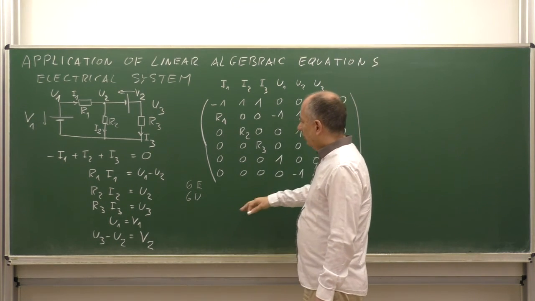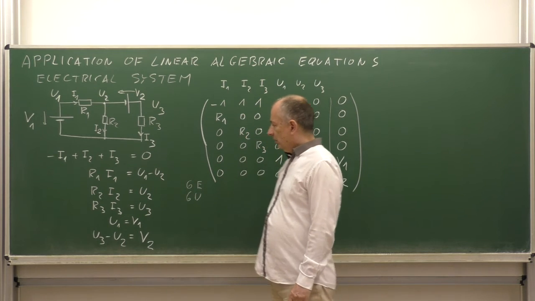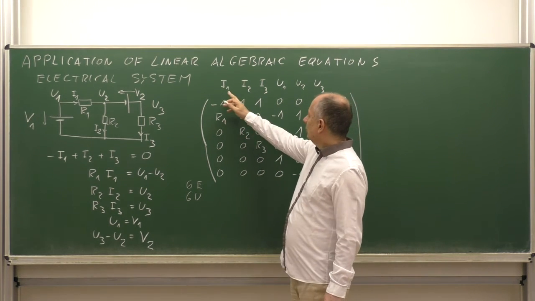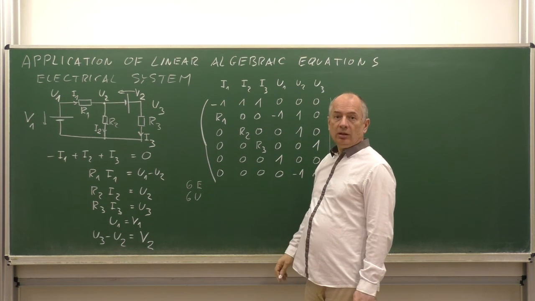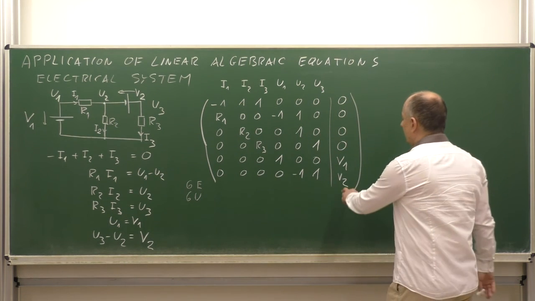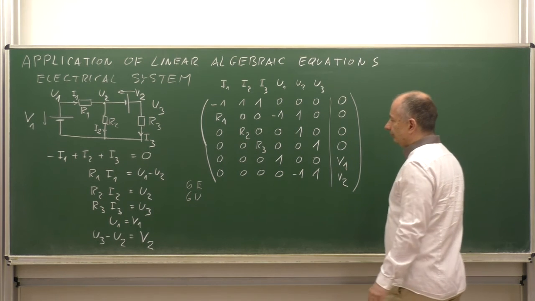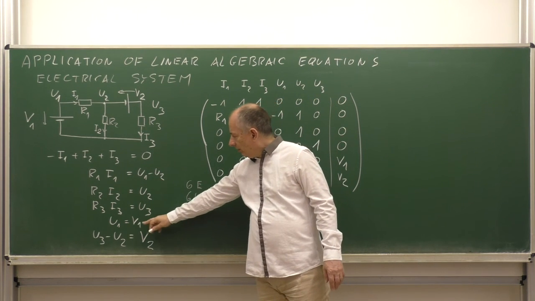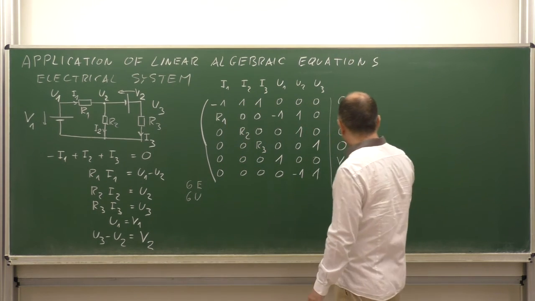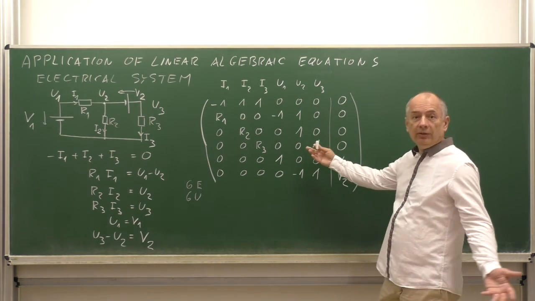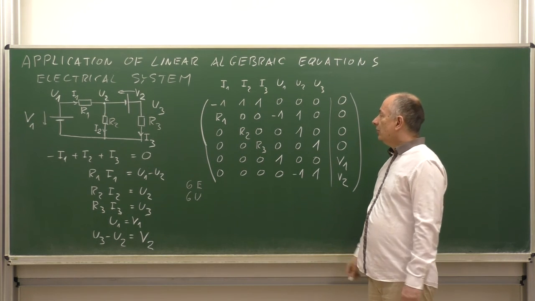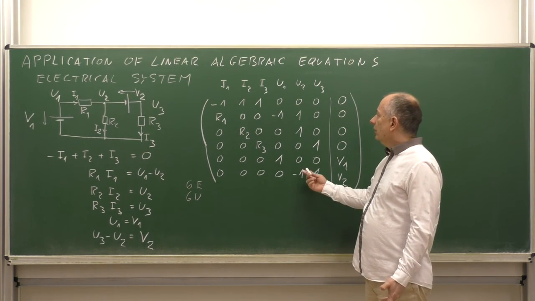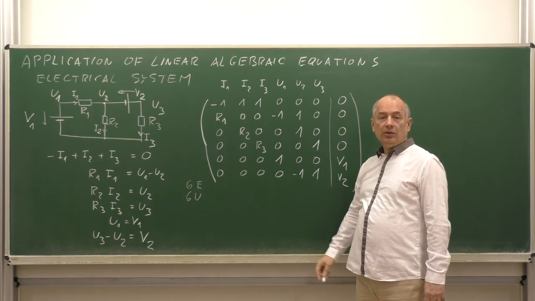Each row corresponds to one equation, and each column corresponds to coefficients at one unknown. And this is the right-hand side column, which is in most cases 0, but here is V1 and V2. Well, and we have the matrix describing the system, and we can again use the Gaussian elimination to solve for these 6 unknowns.